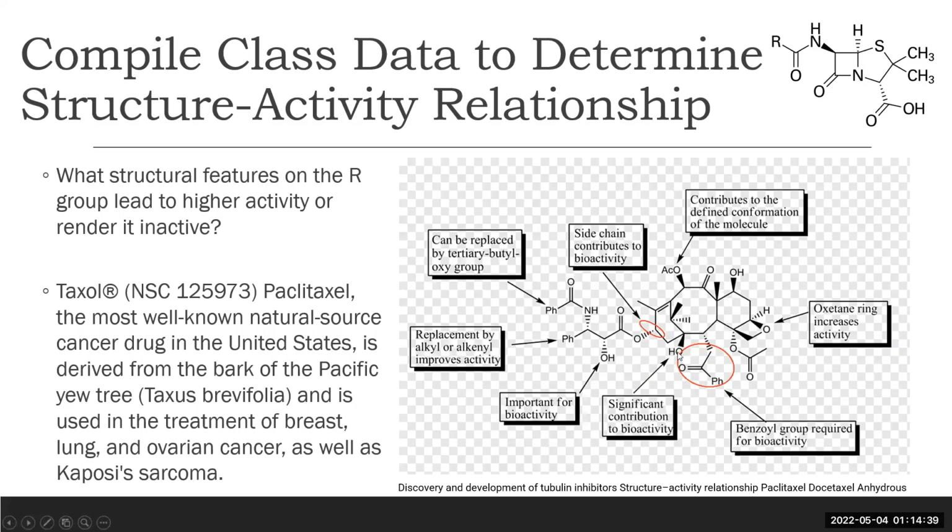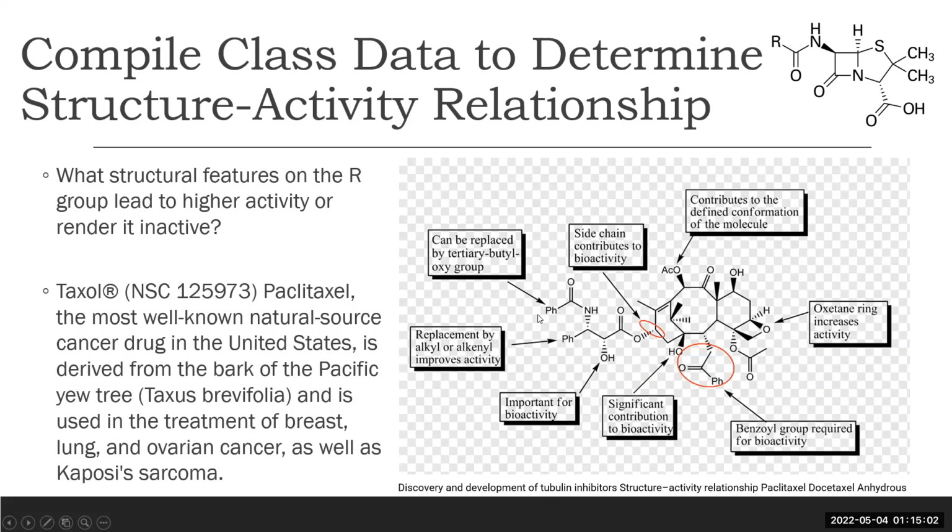What about this hydroxyl group or alcohol group? It is also contributing significantly to bioactivity. So is this hydroxyl group. However, this phenyl group can be replaced with an alkyl group or even an alkenyl group, and you can get even better activity. What about this phenyl group?